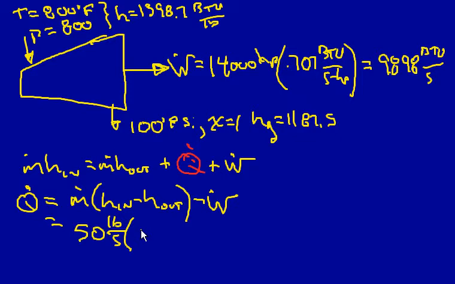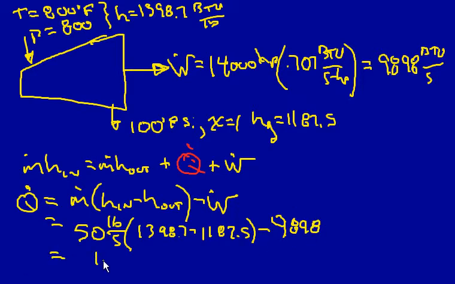Hin minus H out was 1398.7 minus 1187.5, and minus the work that we took out, which was 9898. Solve all that, and M dot delta H was 10,560.